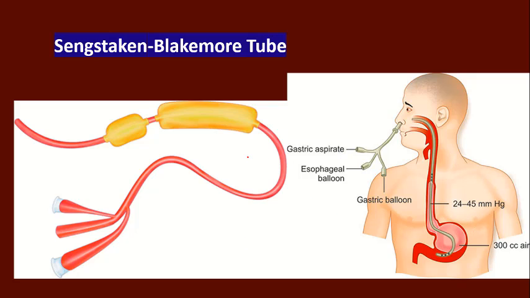The inflation of the gastric balloon is most important, with the esophageal balloon inflation done only if needed. Then an X-ray should be taken to confirm the position of the balloon.